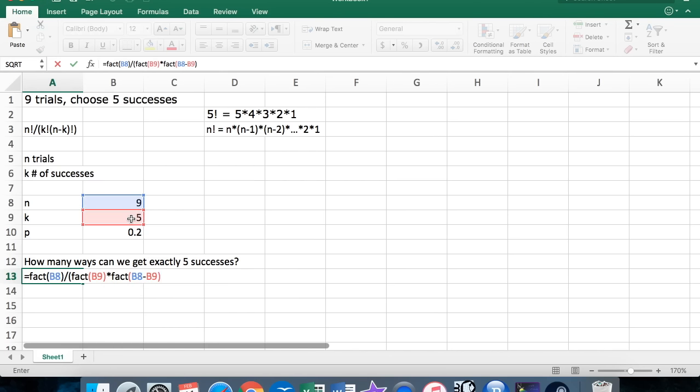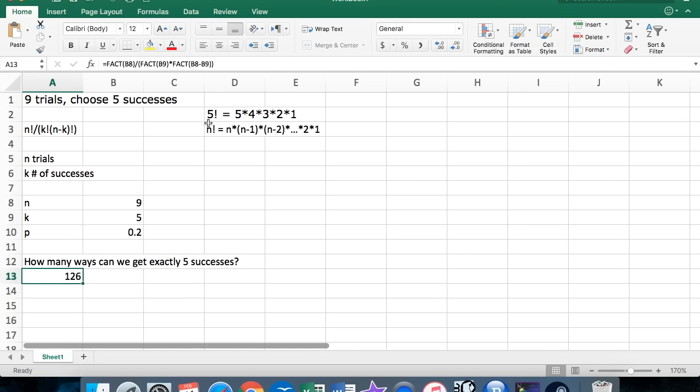I know it looks kind of crazy, but we have to start getting used to these slightly larger formulas in Excel. And here we go. I did n factorial divided by k factorial times n minus k factorial, and I get 126.